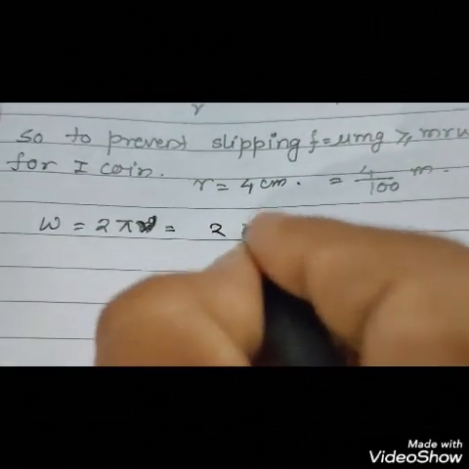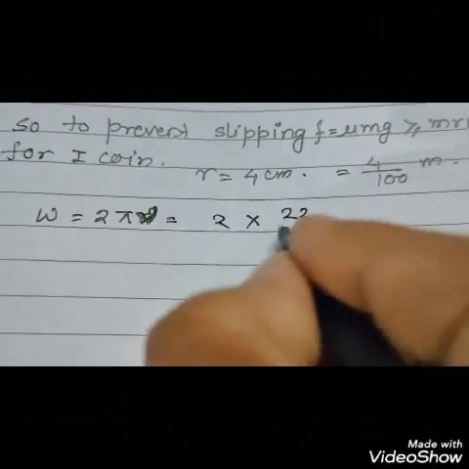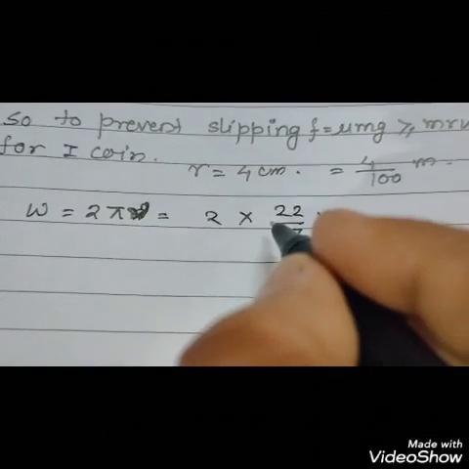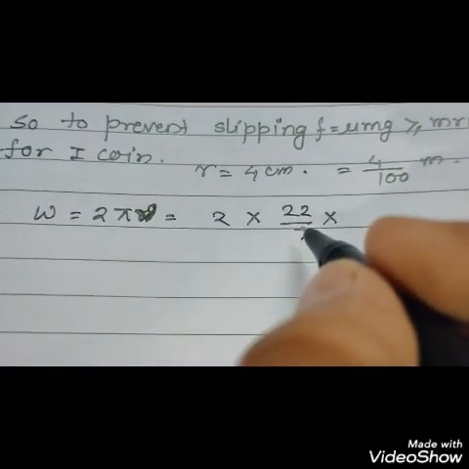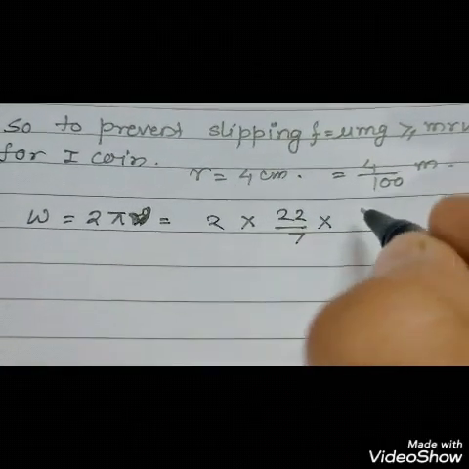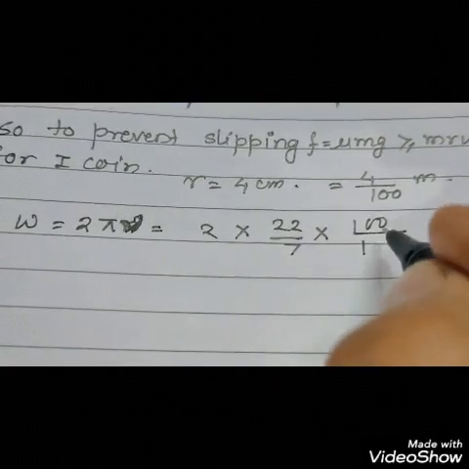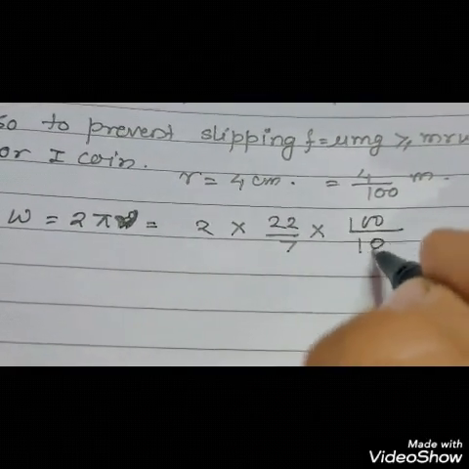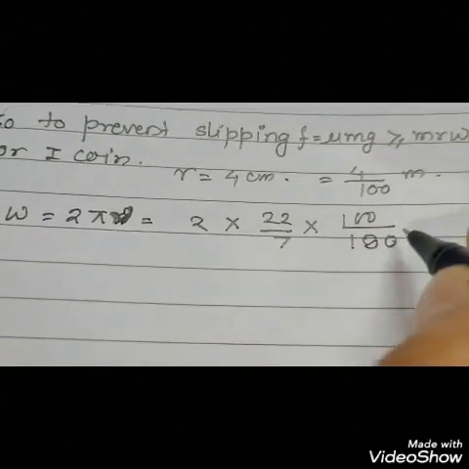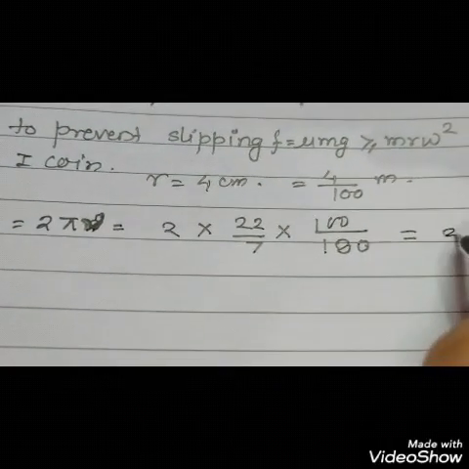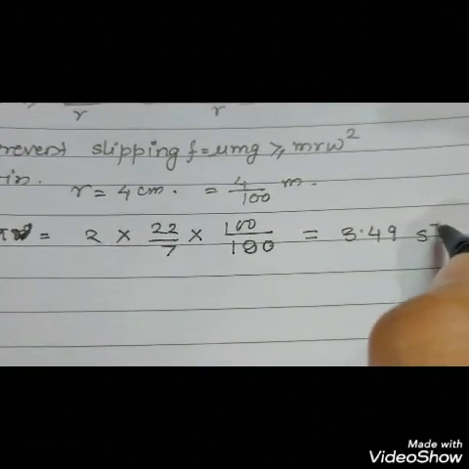So it is 2 into 22/7 into 100/180. If you calculate it, it will come 3.49 per second.